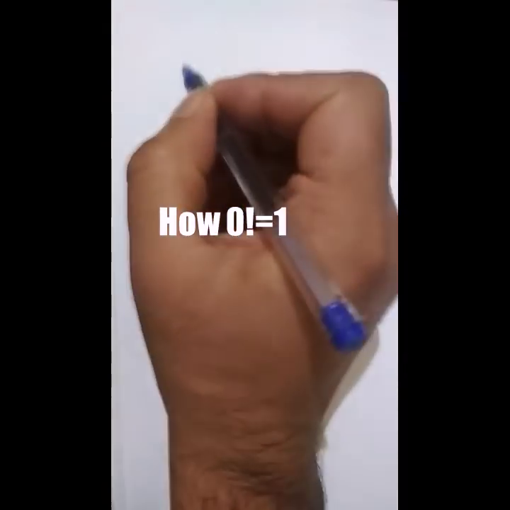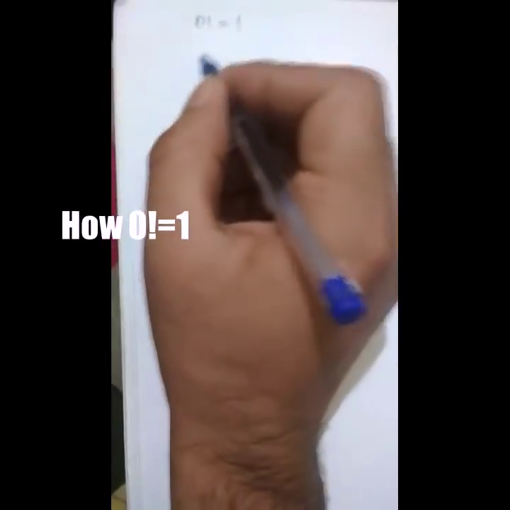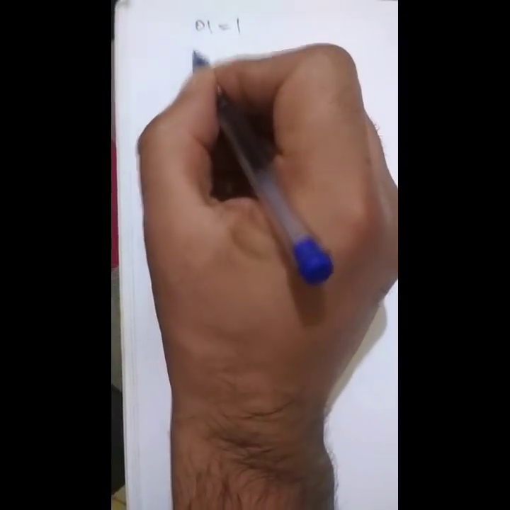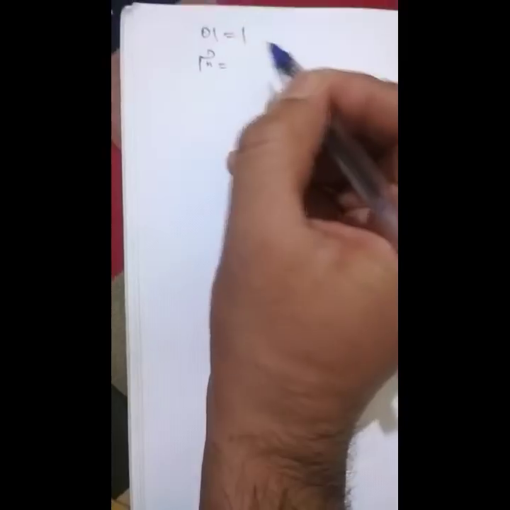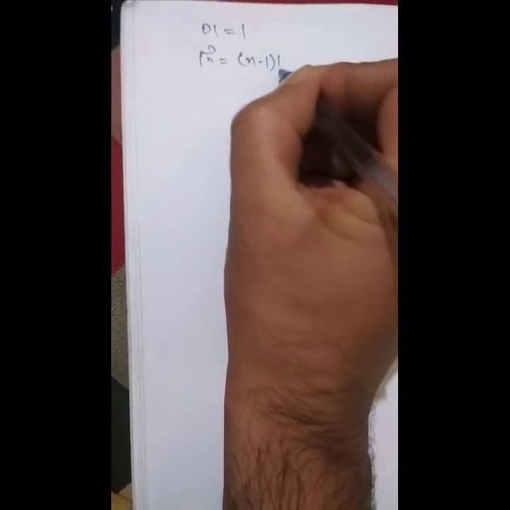Dear all viewers, today I am going to show you how 0 factorial is equal to 1. For that, we use the concept of the gamma function, as we know that gamma of n is equal to (n minus 1) factorial.